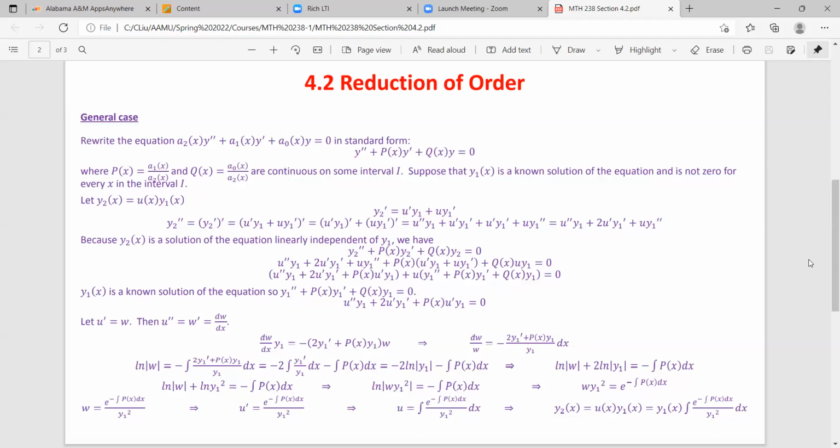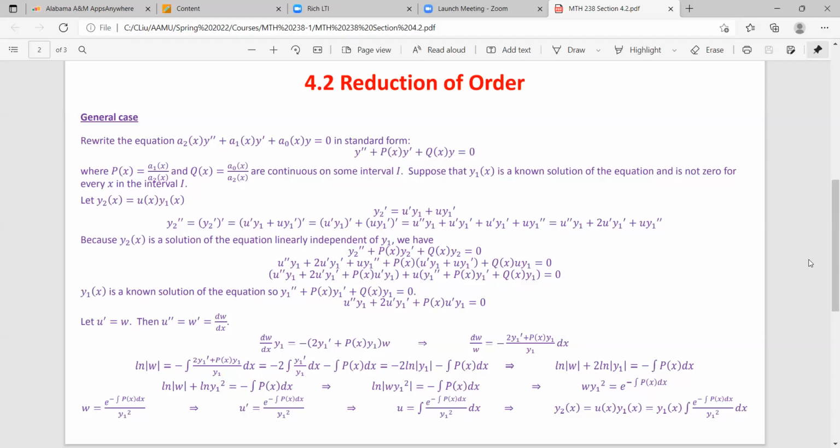So again, we get the natural log of absolute w equals the negative integral of 2y1 prime plus p times y1 over y1. And we can break it up into two integrals if you break the numerator into two. So that gives us negative 2 times the integral of y1 prime over y1 minus the integral of p, if you cancel y1 in the second term.